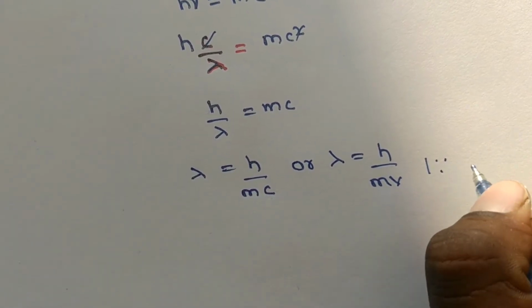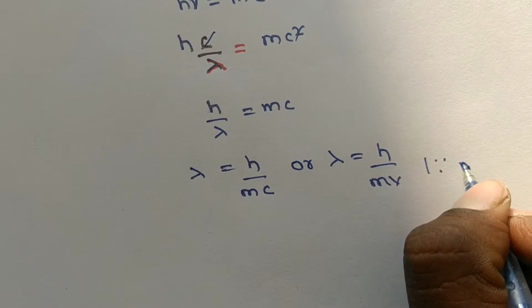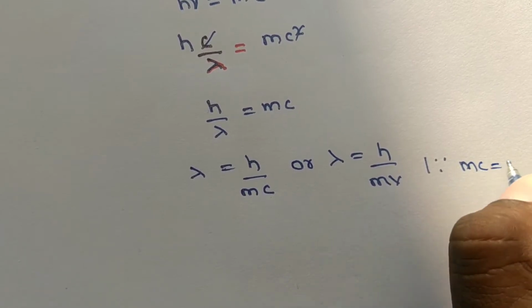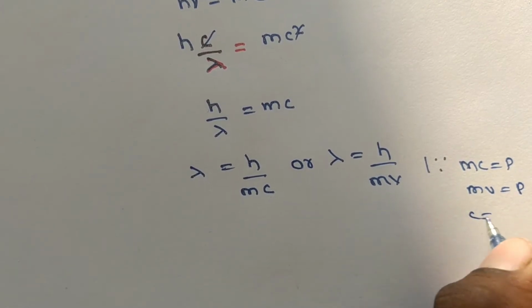Here mc is equal to p or mv is equal to p. c and v are the same.